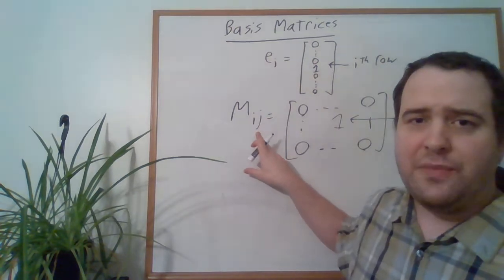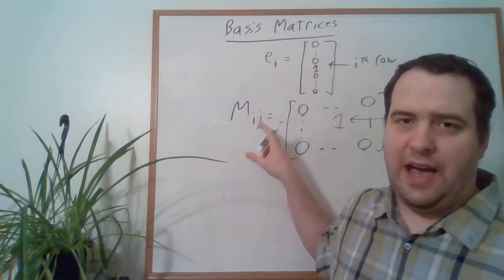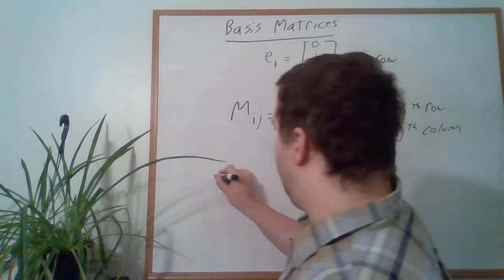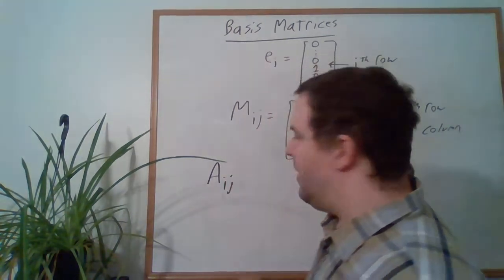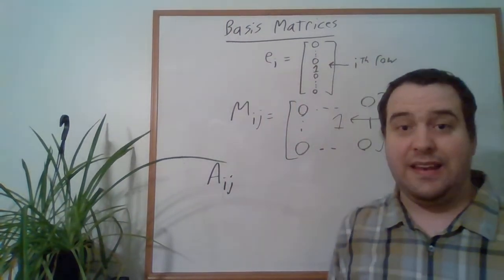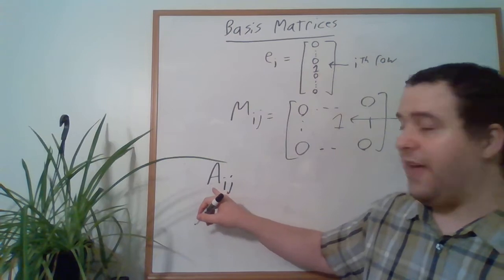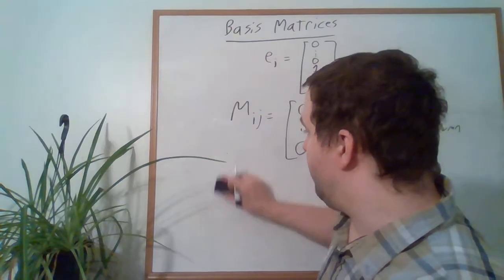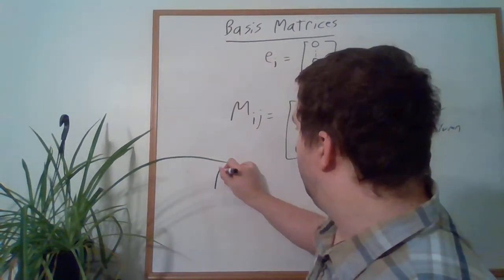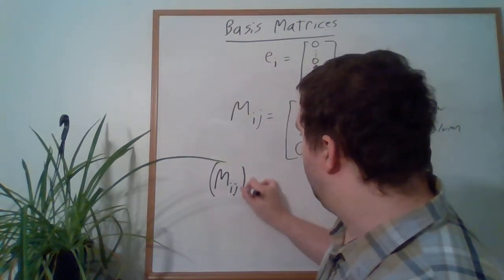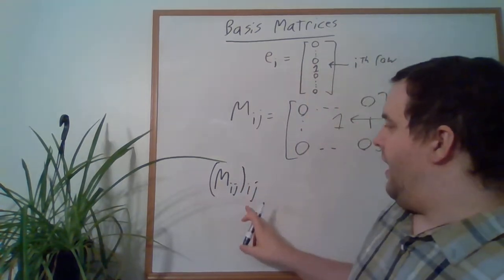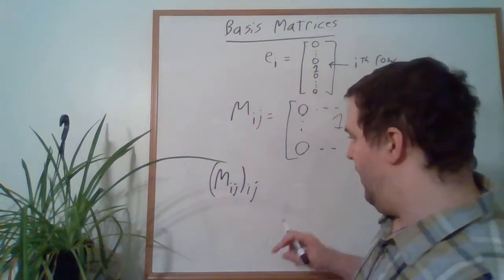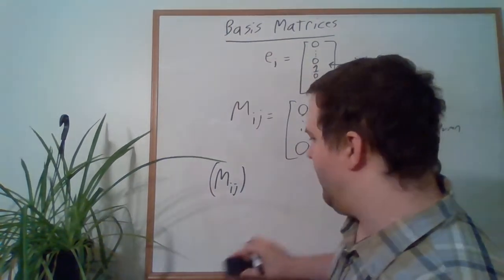I write M sub ij to indicate the ijth basis matrix, but I'm also going to write A sub ij to indicate the entry of A in the ith row and the jth column. So if you wanted to, you could write the entry of M sub ij. Well, we should use different variables.